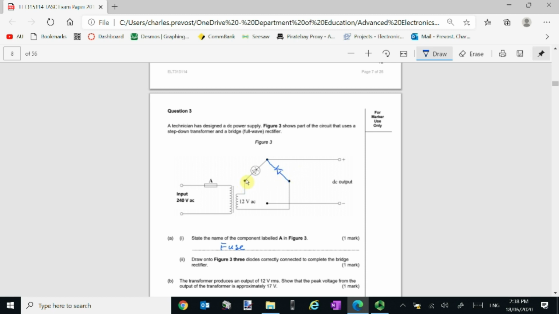Likewise, when this is positive, we don't want this one to conduct, so the diode here will have to be in that direction. And this one, so when this is negative, we want the conduction to go that way, but not that way. So this will be positive, so we want that to go like that. Okay.